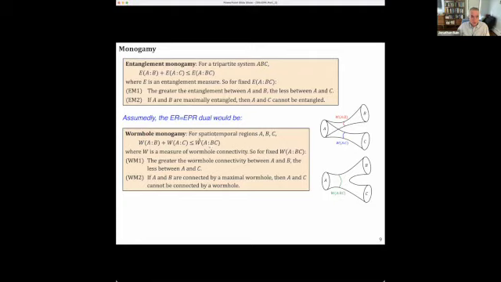So for a fixed amount of wormhole connectivity on the right, we have the correlates of EM1 and EM2 for entanglement. The greater the wormhole connectivity between A and B, the less between A and C. And if A and B are connected by a maximal wormhole that exhausts the available wormhole connectivity, then A and C cannot be connected by a wormhole.